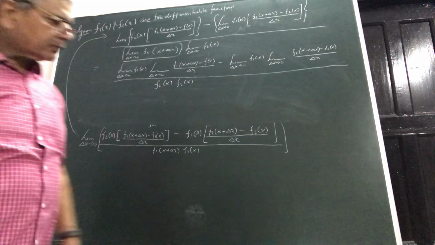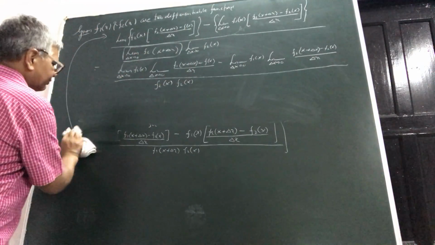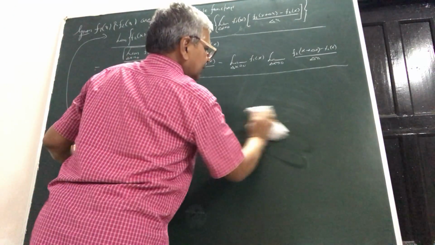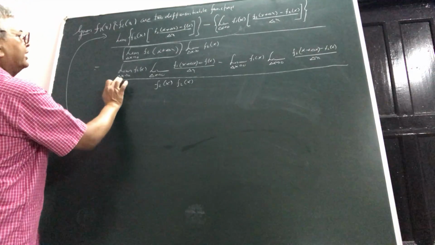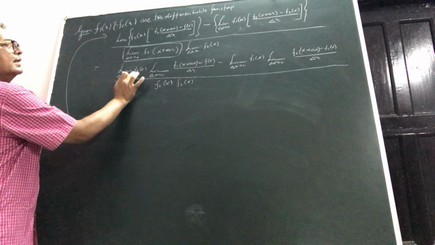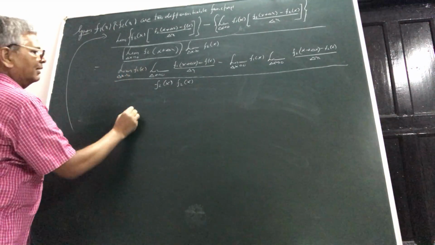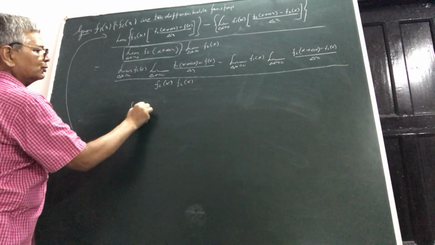Now see, we have got our answer. If you look in, what is it now? Limit Δx tends to 0 of f2(x). Here nowhere is Δx coming, so this will be f2(x) only.